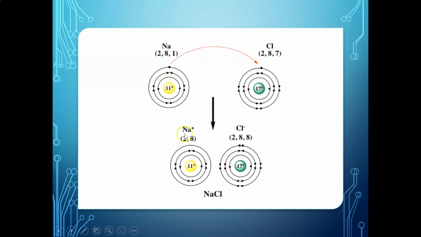The sodium now has a positive charge because it's got 1 more proton than electrons. The chlorine now has a negative charge because it's got 1 more electron than protons. And because of that, they're opposite and they have that electrostatic attraction between them. And that's what bonds them.